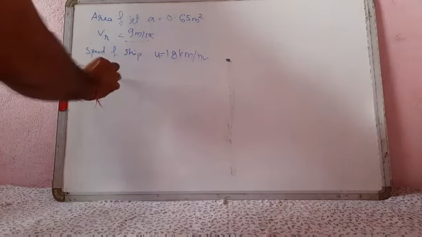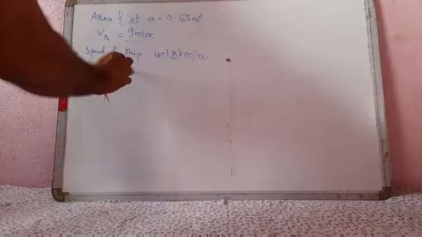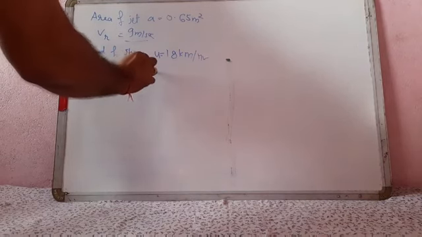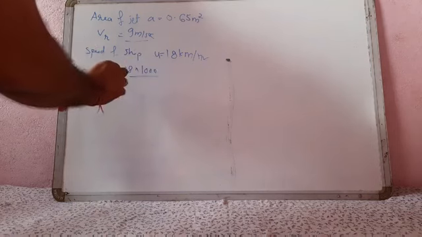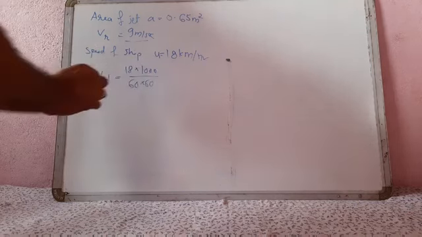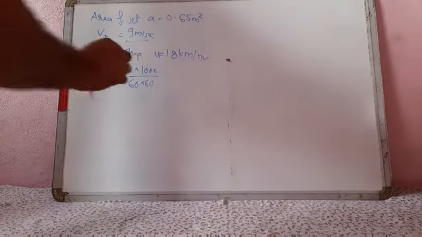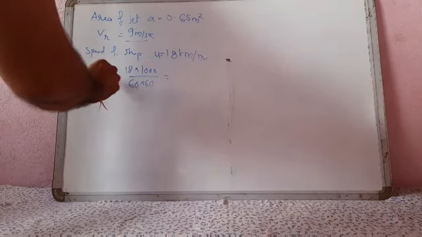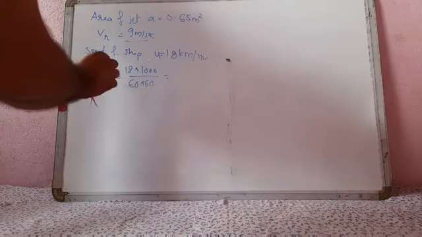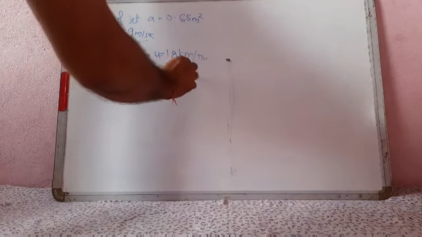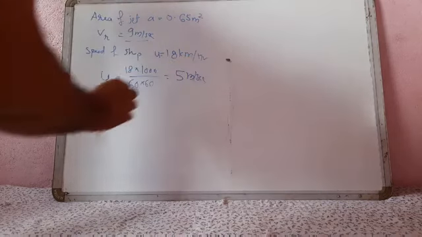Converting this, 18 into 1000 meters by 60 into 60 seconds, because we want the speed U in meter per second, this comes to 5 meter per second.